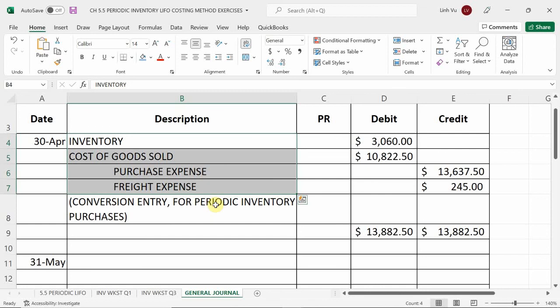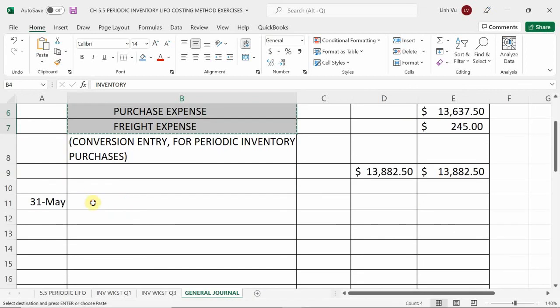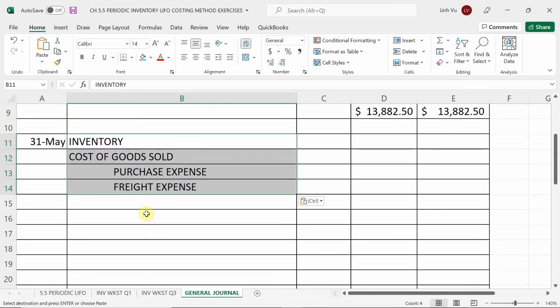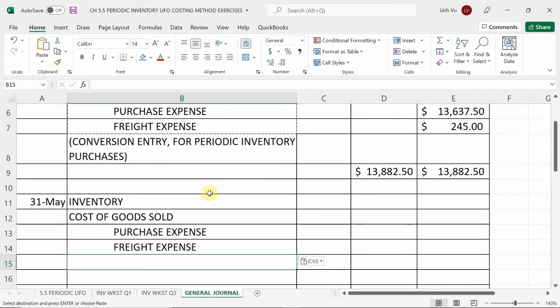Freight expense, good. Anything else? You already have ending. It's up here. Oh, okay. I remember that.